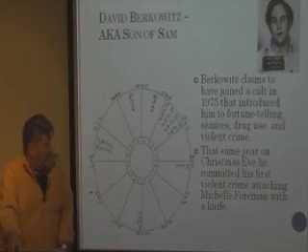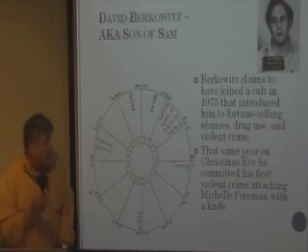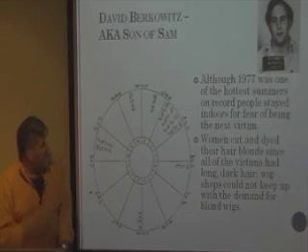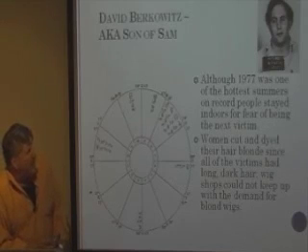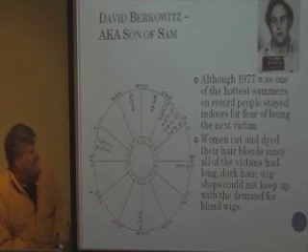That same year on Christmas Eve, he committed his first violent crime, attacking Michelle Foreman with a knife. Although 1977 was one of the hottest summers on record, people stayed indoors for fear of being the next victim. Women cut and dyed their hair blonde, since all of the victims had long, dark hair.